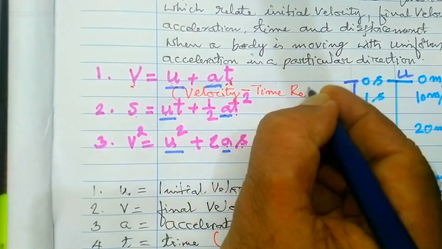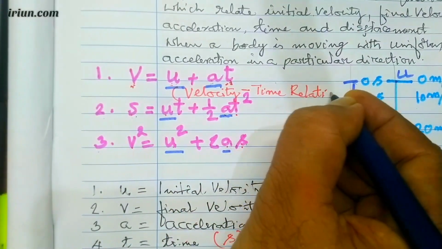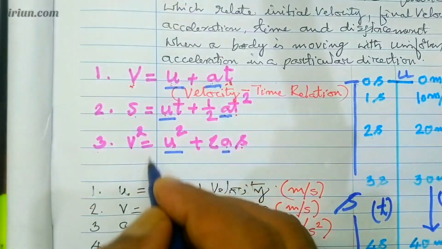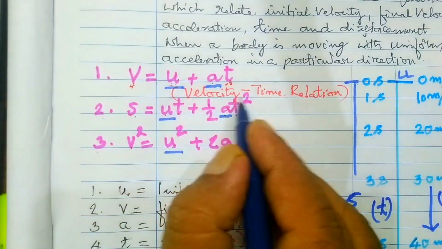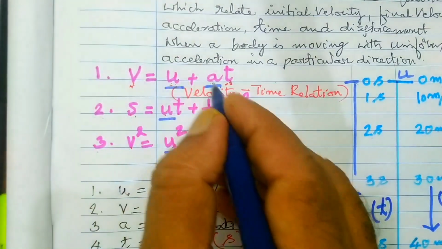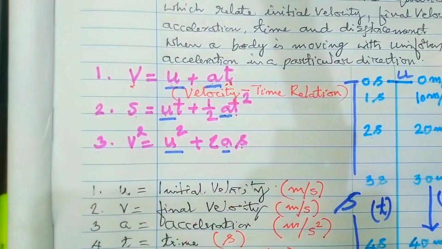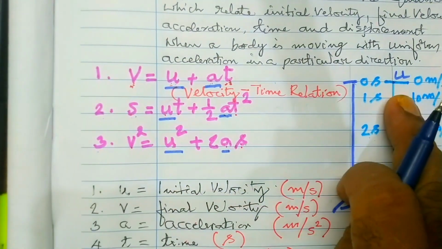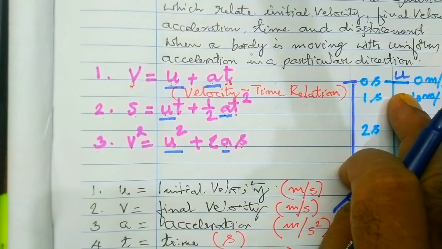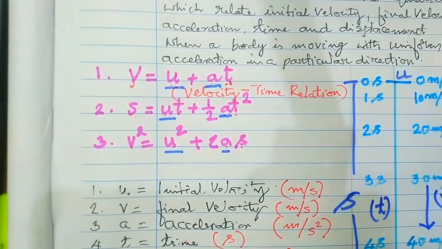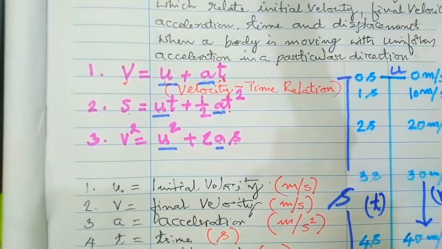You understood why: the common ones we remove, and the uncommon ones give the relation. You may ask, sir, why are only u and a common here? Because these equations are for a body which starts with initial velocity and moves with acceleration.